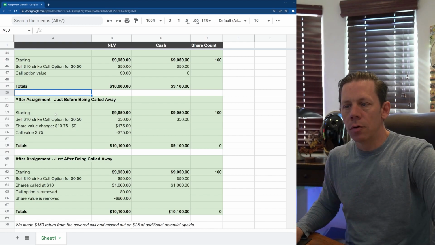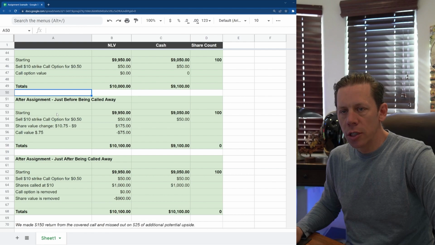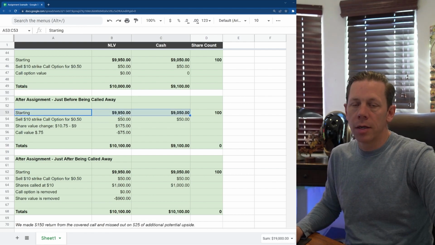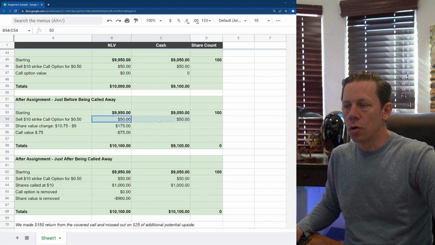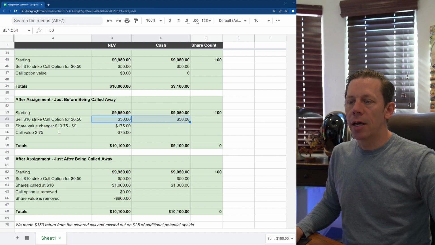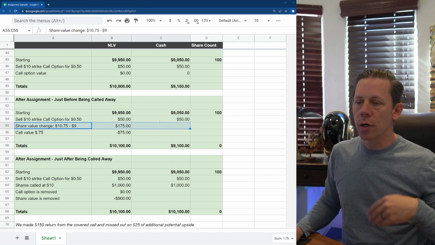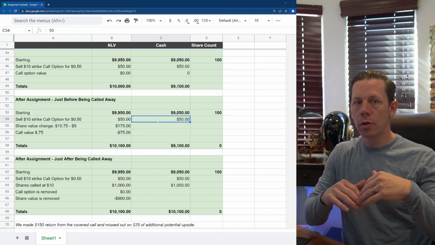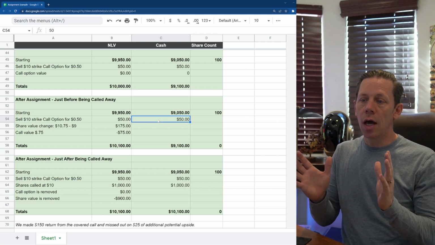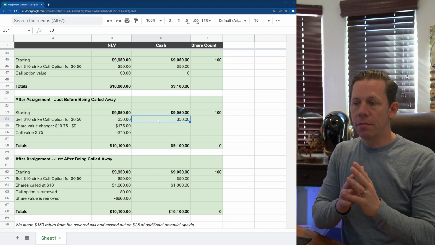So in this example, just before being called away, we're starting off again with $99.50 liquidation value, $9,050 cash. We sold the option for $50. None of that changed. But now we have a share value change. I'm going to record it here as a share value change, where before the share value was $9, now we're going to say that it's moved up to $10.75.